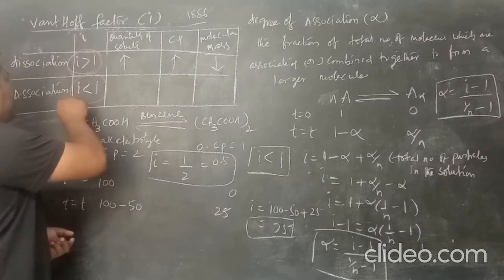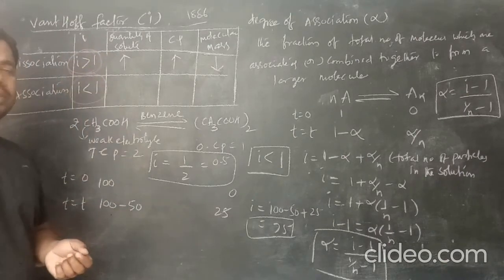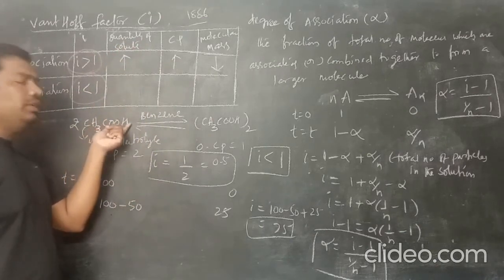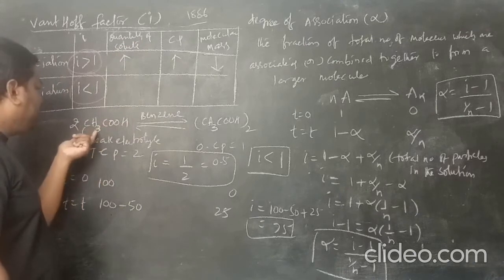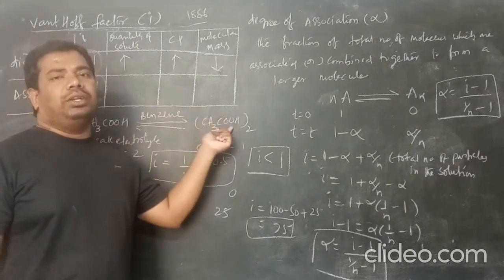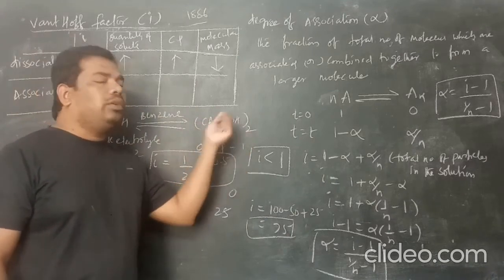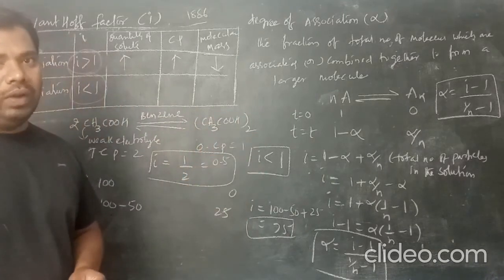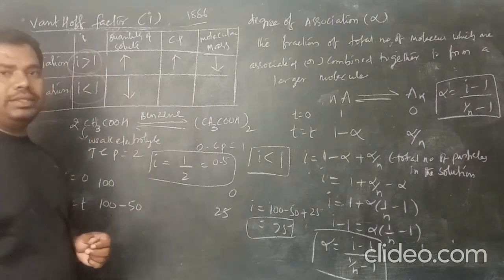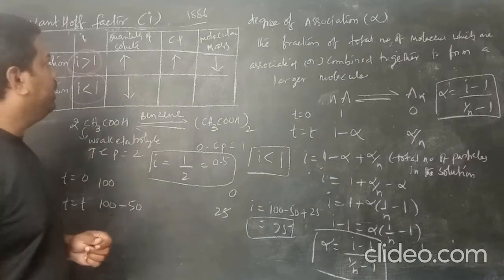So in the case of association, i value is less than 1, and the quantity of solute decreases, because we are taking 2 moles of acetic acid and it undergoes dimerization and is converted into only 1. Therefore the quantity of solute decreases.